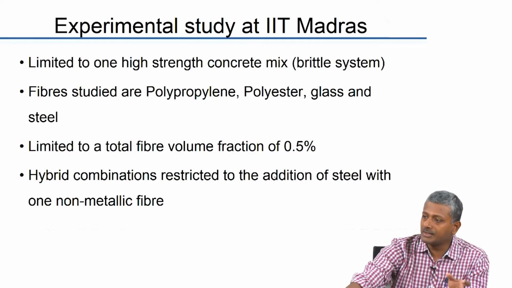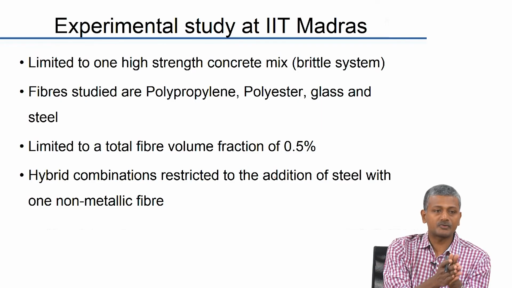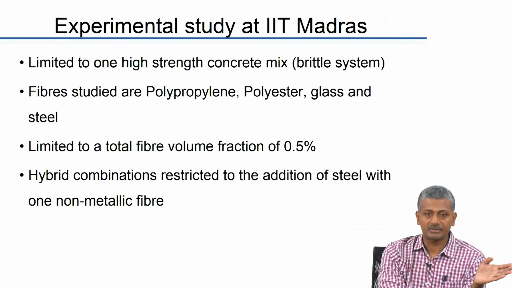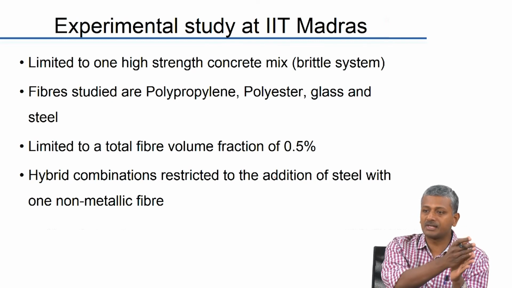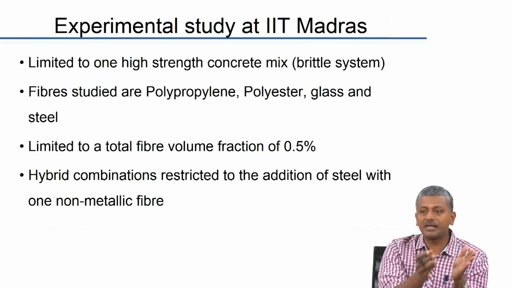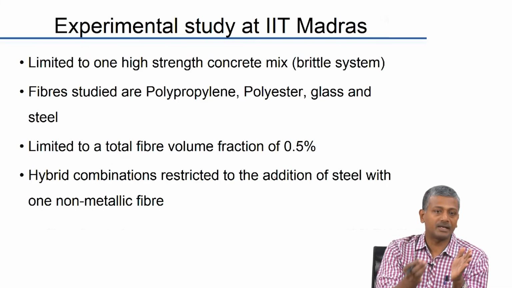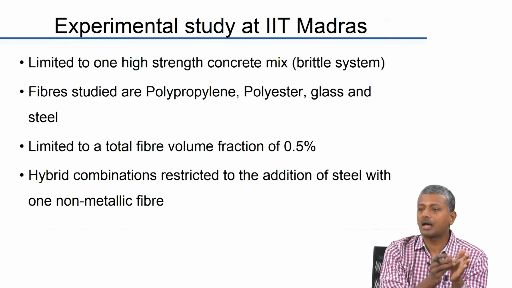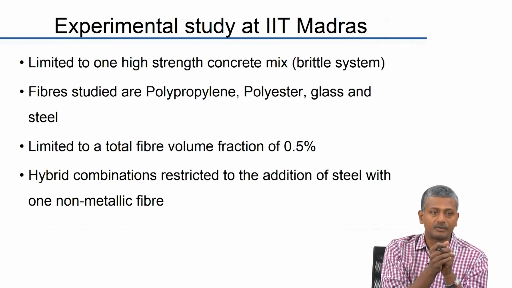So, what was done in this case was steel fibers were primarily used as the reference mixture. Of course, we had a control mixture without fibers, but we had a reference mixture with steel fibers, and then we replaced steel fiber with the non-metallic fiber with smaller increments and looked at what happened to the load deflection response of the composites.